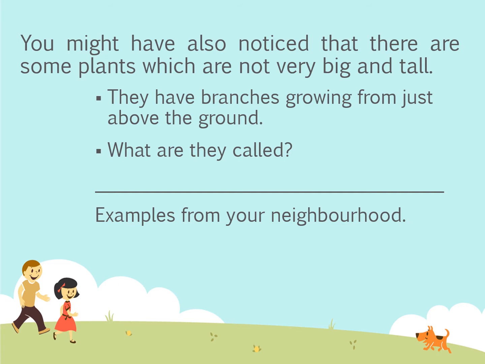Henna, hibiscus rose or China rose, tulsi. And children, a shrub or bush is a category of plants, and a tree usually has one stem which has some height and has branches, but a shrub can have multiple stems from the bottom up.